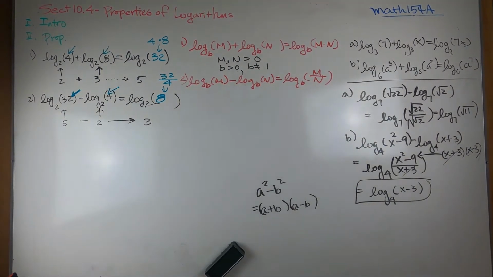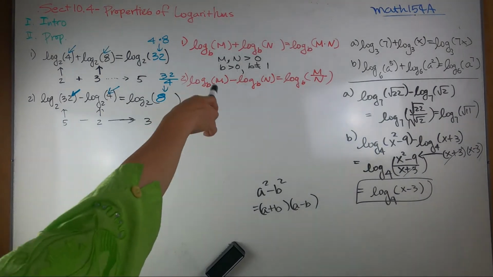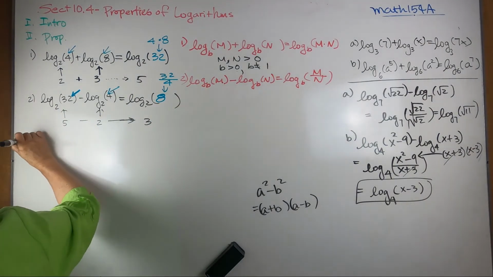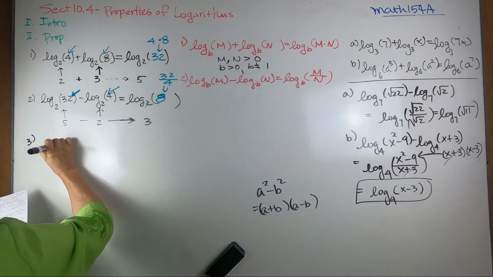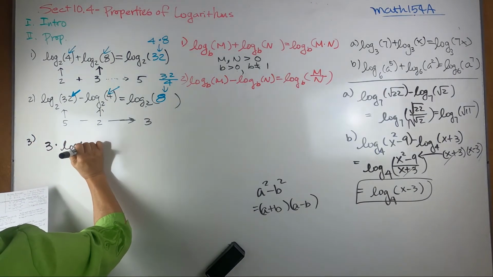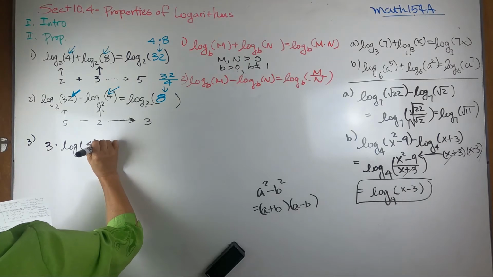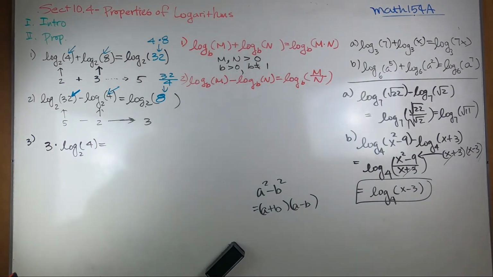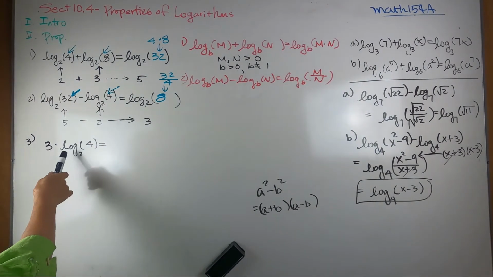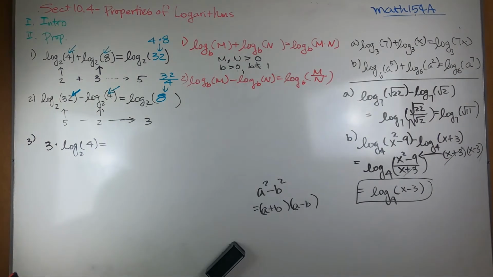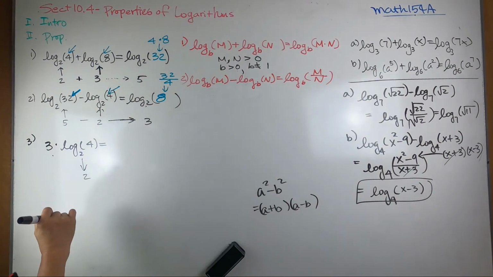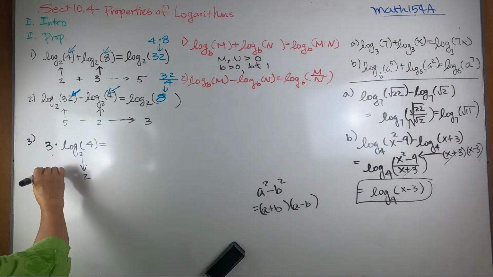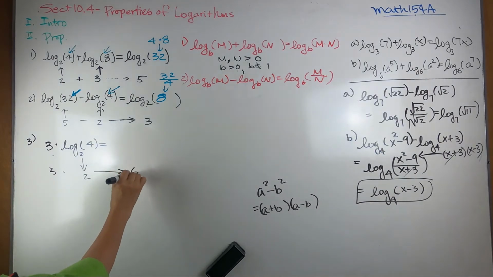So when we add and subtract logs, they become one single log. Another property is like this. What is log base 2 of 2 to the 4th? It would be 4, right? Then 3 times 2 is what? You should have 6.